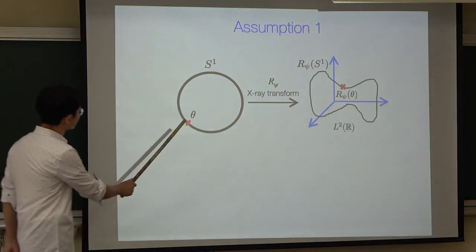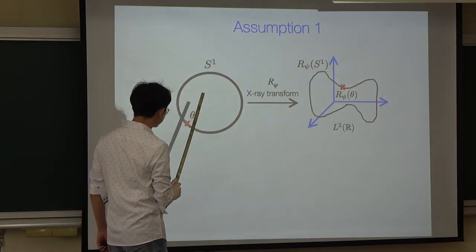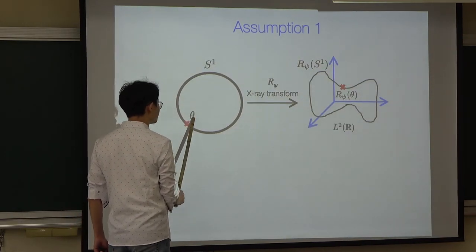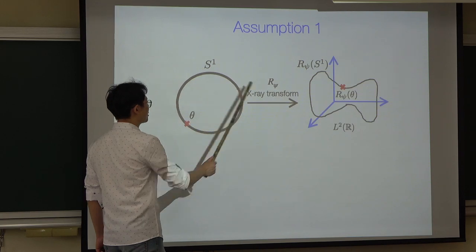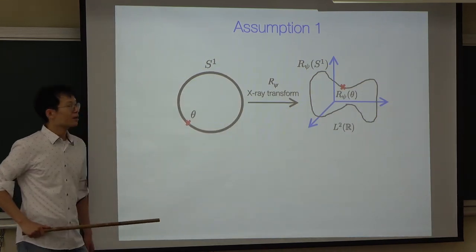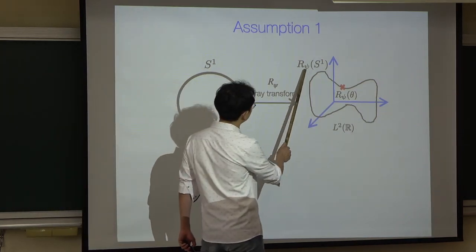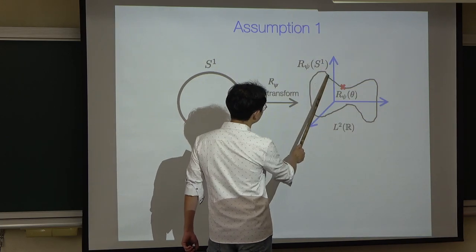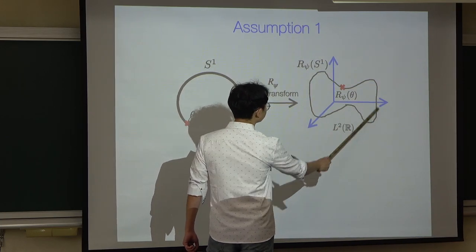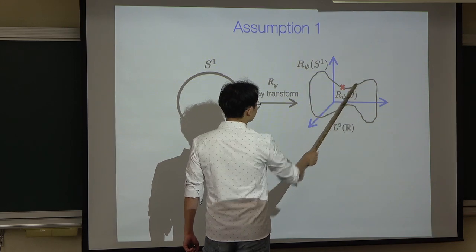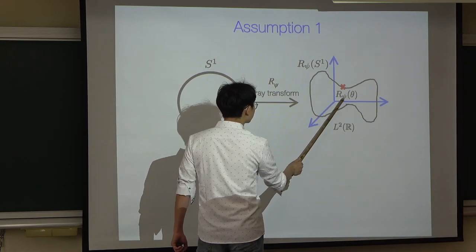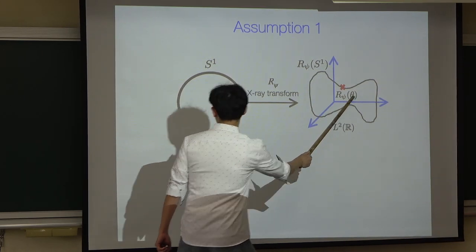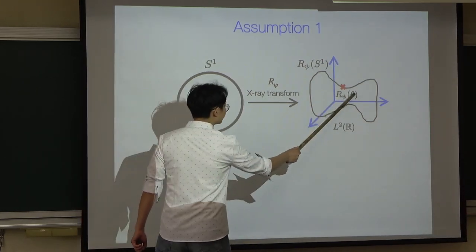So what we have is S1. You choose a projection direction theta, and you apply the X-ray transform. Now you get the Rf of S1, which is this circle, this shape. And every point, this point is Rf of theta.